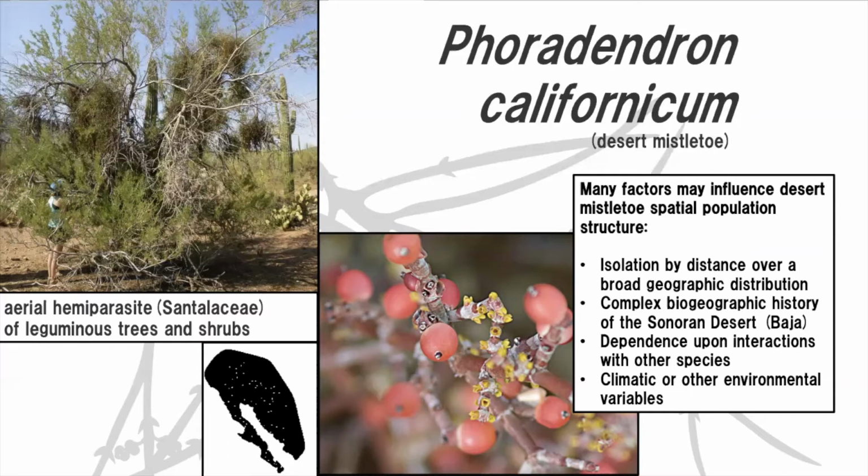As I have alluded to already, in that it's a parasite, it also interacts with pollinators. It has dependence upon interactions with other species that might influence its structure. And then, of course, there are climatic or other environmental variables that could be important.